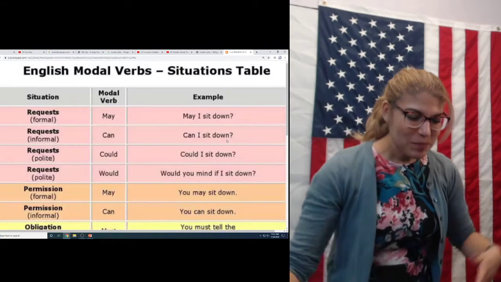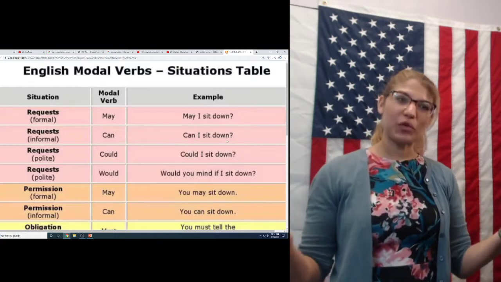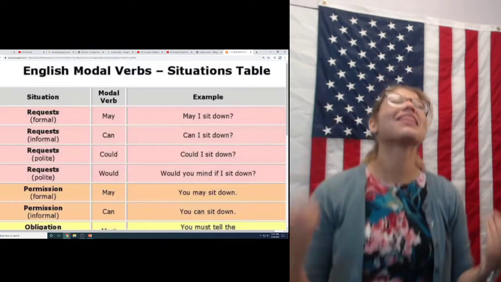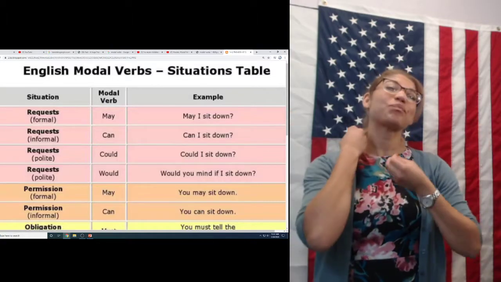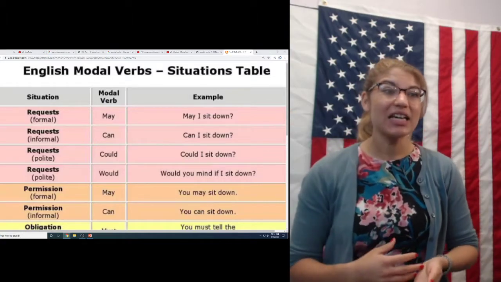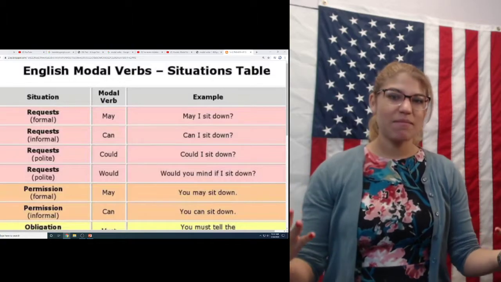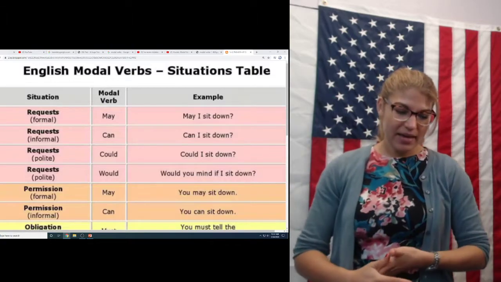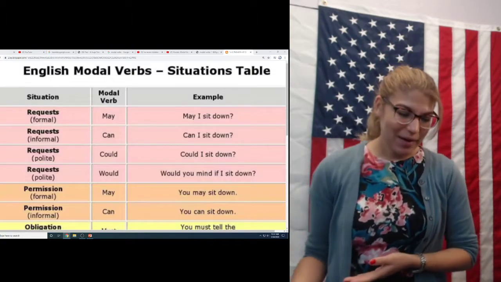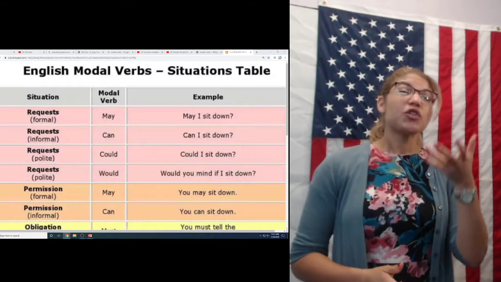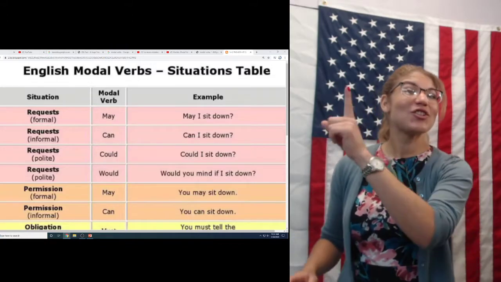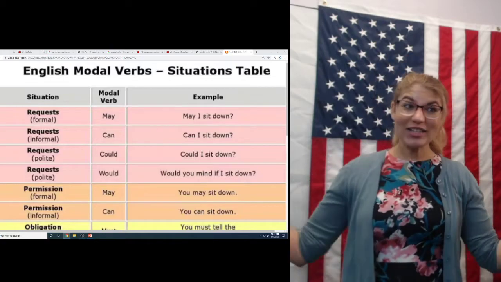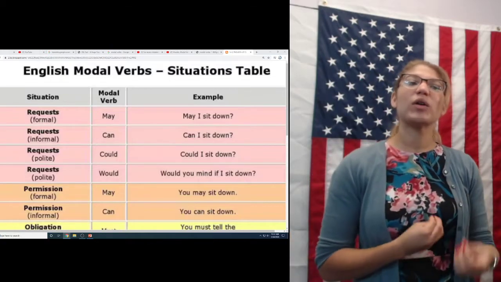Okay, so English modal verbs for the situation. I love this visual because we can see the reasons we make the choices that we make and some good examples. So for example, you have the situation. What is the situation? I have a request.